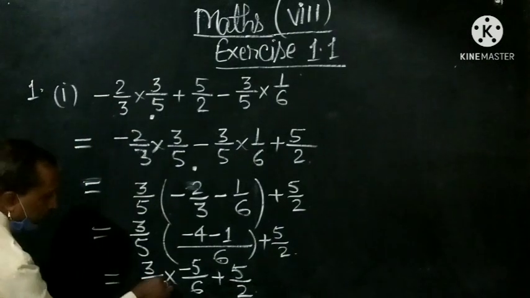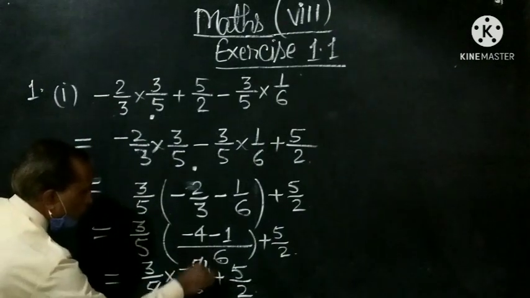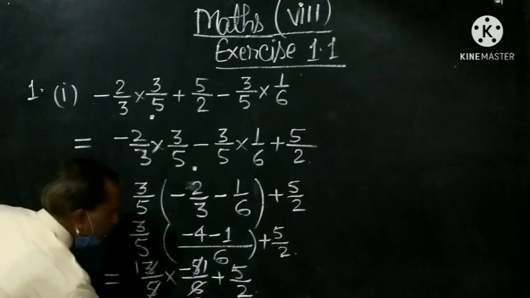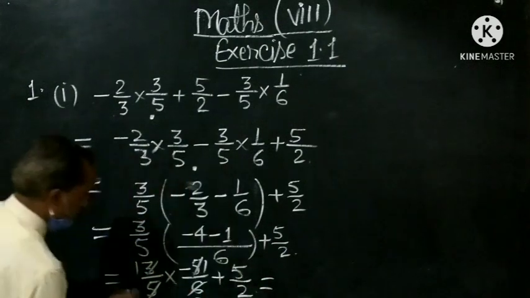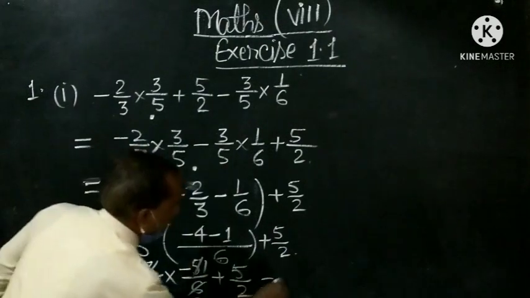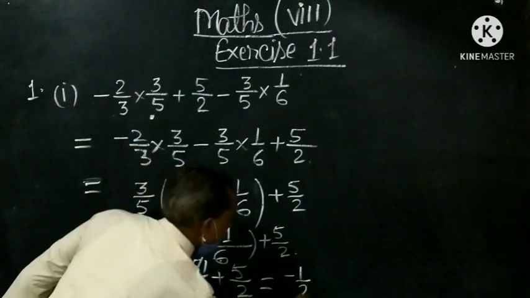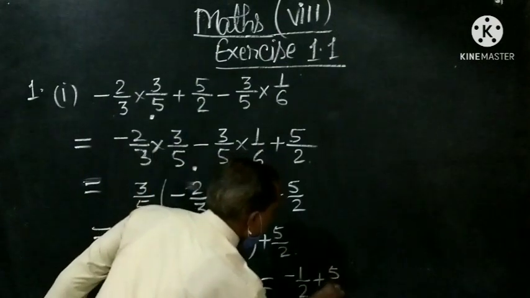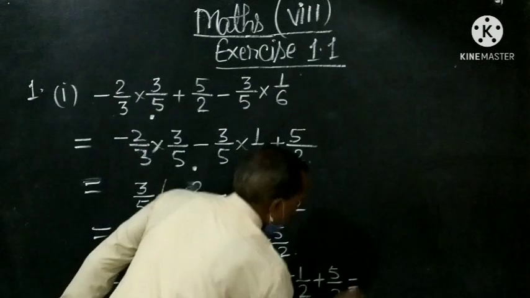Here 5 is cancelled, and 3 ones are 3, 3 twos are 6, you get minus 1 upon 2 plus 5 upon 2.